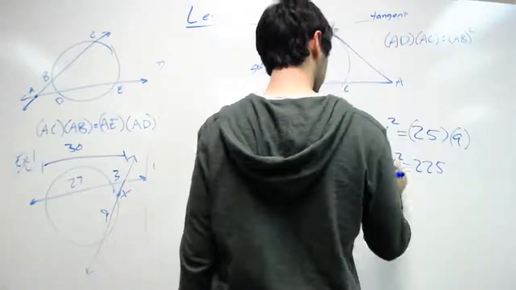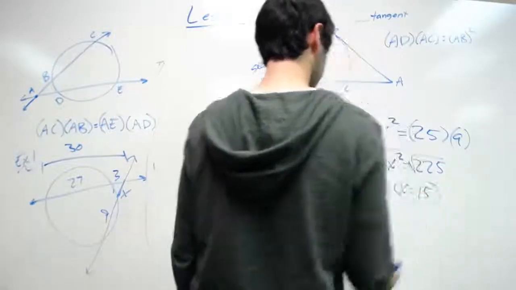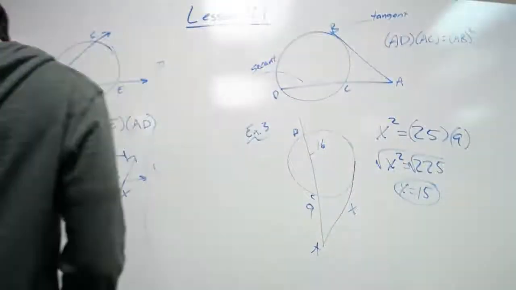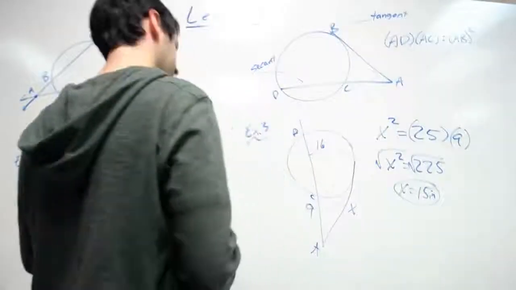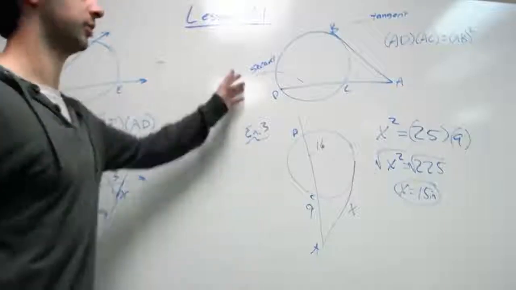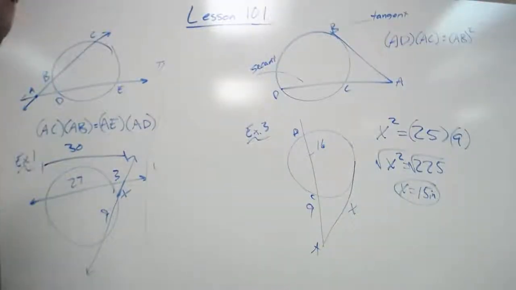Square root it. x equals 15, 15 inches. So that's how you use theorem 10.1.2. And that's all there is. Just two more formulas to make sure you know.